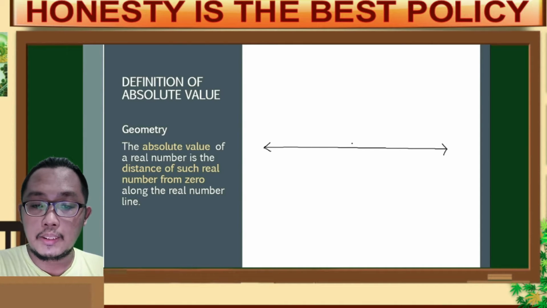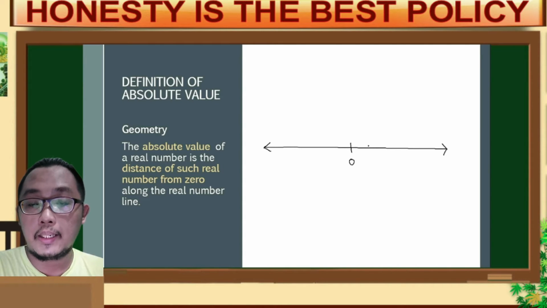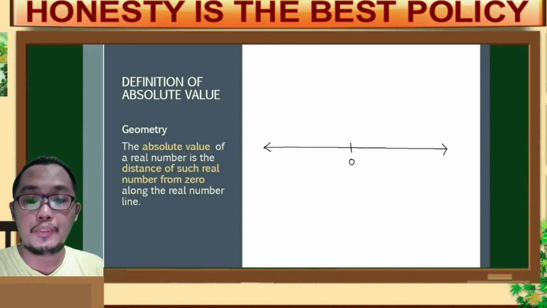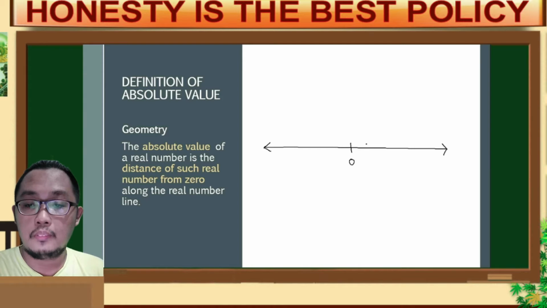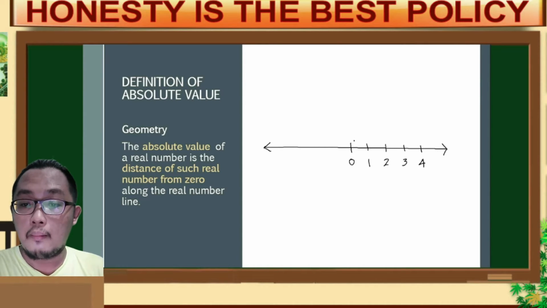So you have already learned that a number line is divided into two equal halves by a zero, while on the right side of the zero are those positive real numbers, starting with 1, 2, 3, 4, and so on. So this arrowhead suggests that the list of positive real numbers extends infinitely to that particular side of the number line.